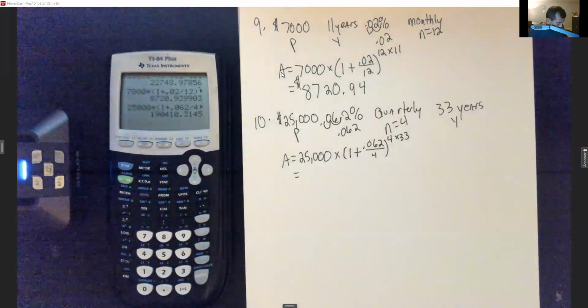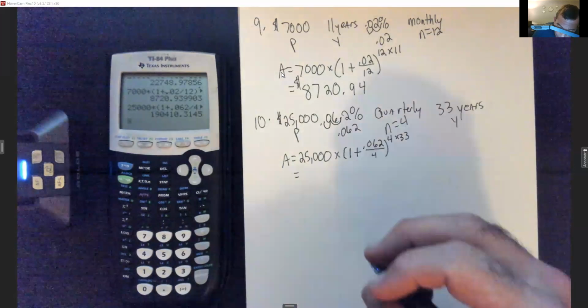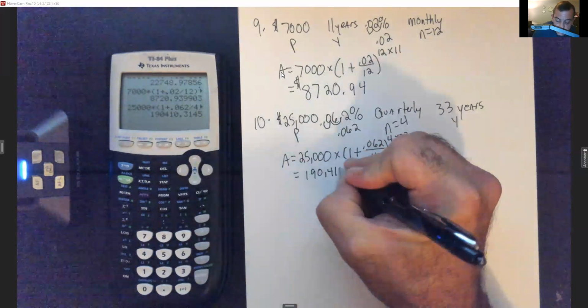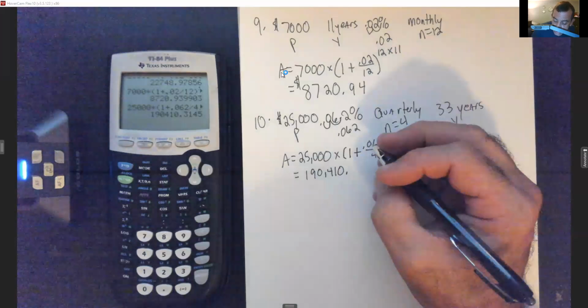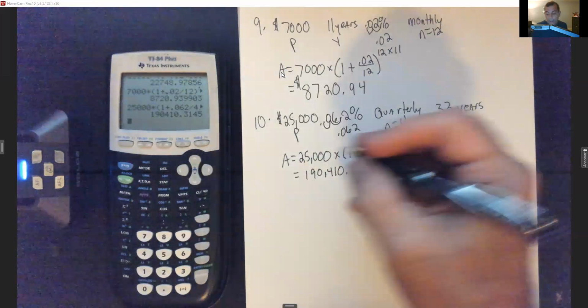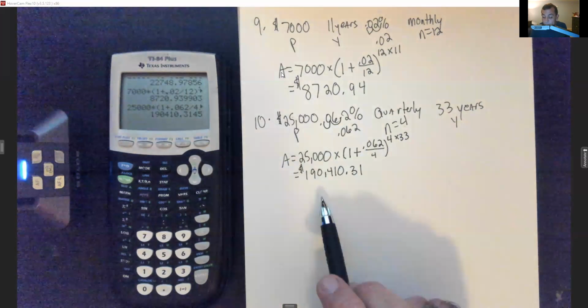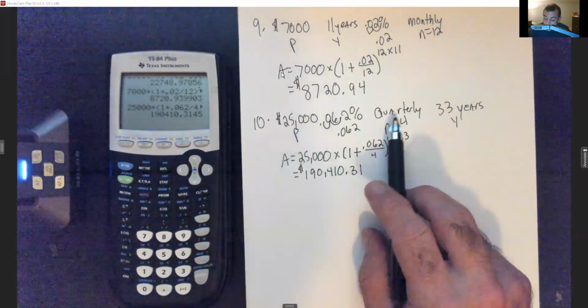So, oh, what I get? 190. So that's $190,410. And let's see, 31. That one's got a 4 behind it, so I'm going to leave that a 31. And we are done. So, 33 years, $25,000 compounded quarterly at 6.2%.